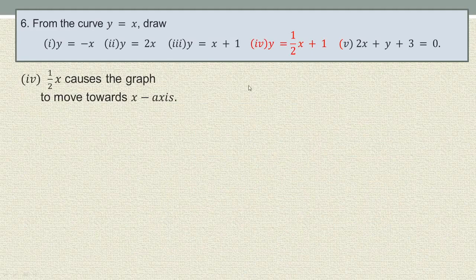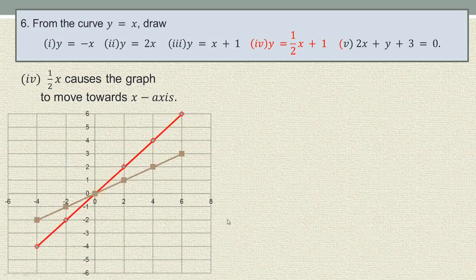And then you are having 1 by 2 into x plus 1. So first we will do 1 by 2x. So 1 by 2x causes the graph to move towards the x-axis, because this positive constant is less than 1. Therefore the graph moves towards the x-axis.